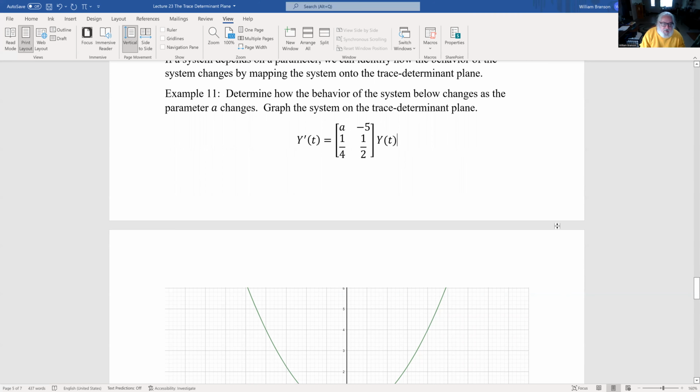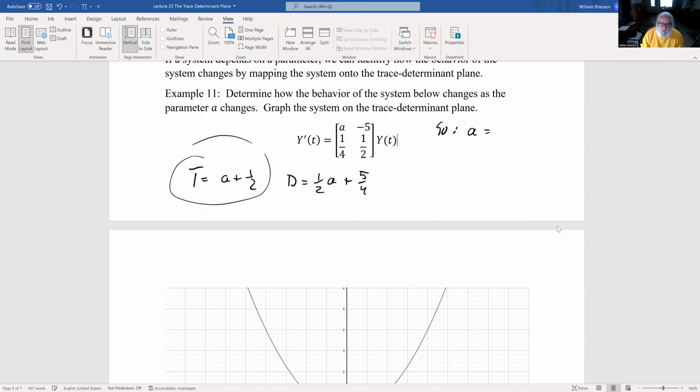So let us point out here that the trace is a plus 1/2. The determinant is 1/2 a plus 5/4. So this equation we can solve for a, and then we can plug that in for a into the determinant equation.